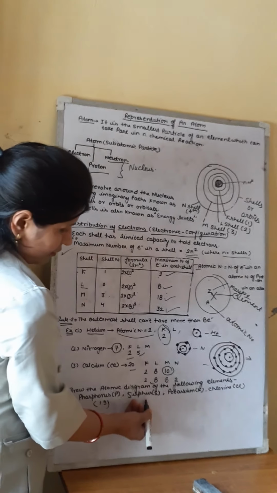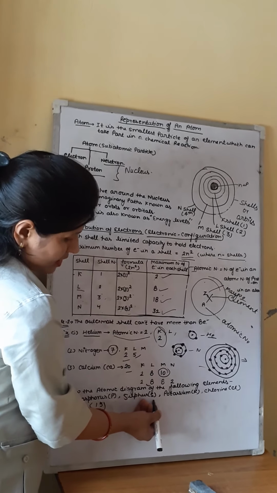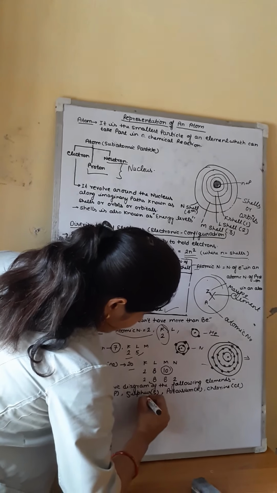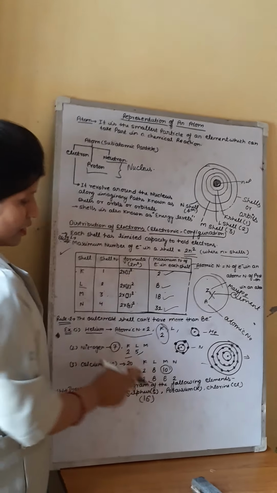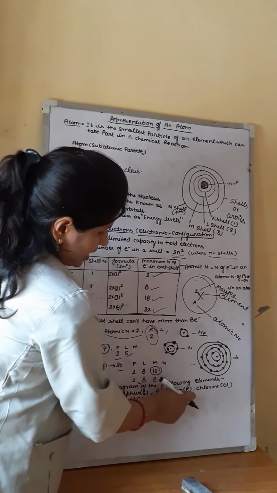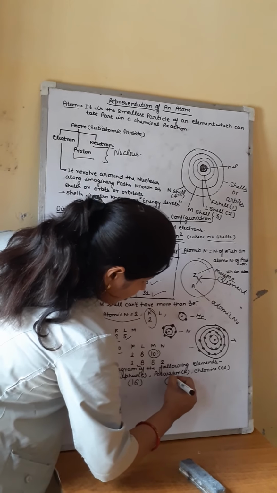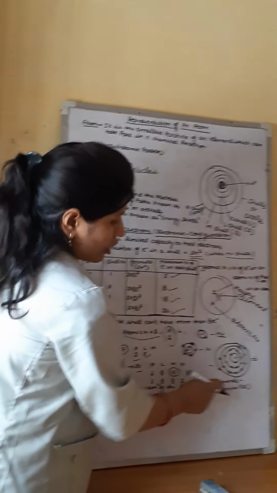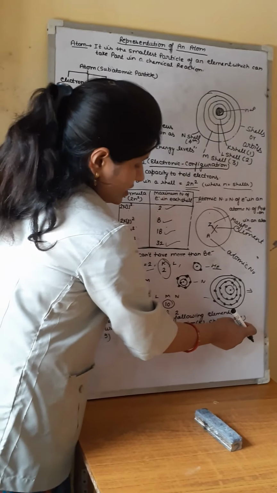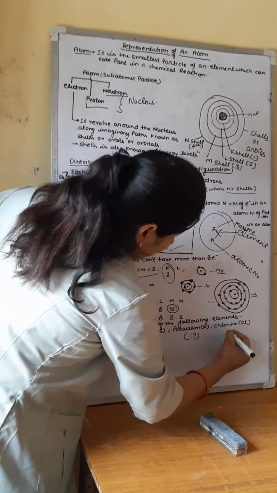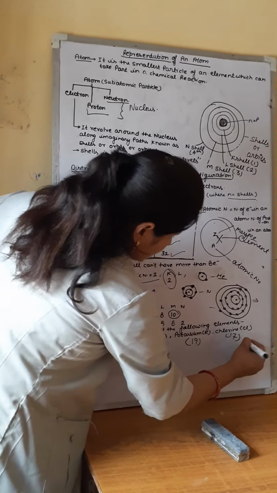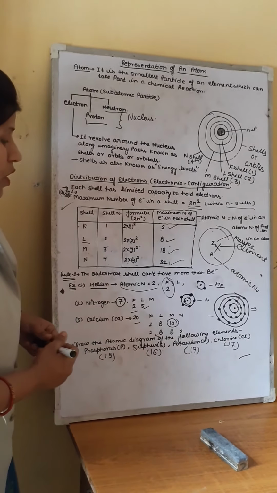Sulfur, symbol S, and the atomic number is 16. Potassium, symbol K, and the atomic number is 19. Chlorine, symbol Cl, and the atomic number is 17. So students, this is your homework.